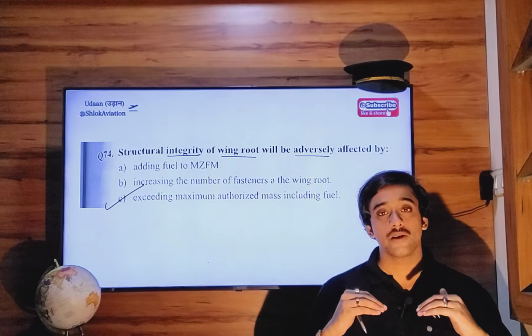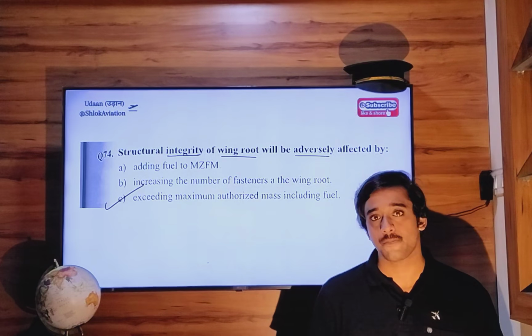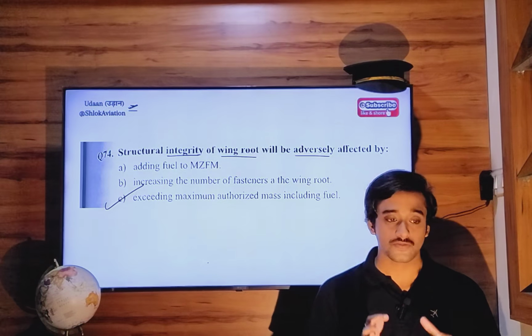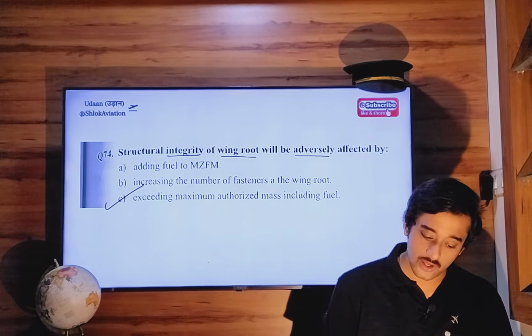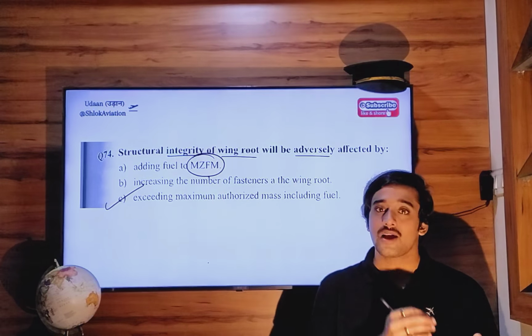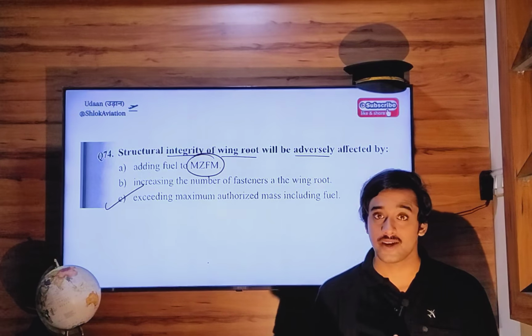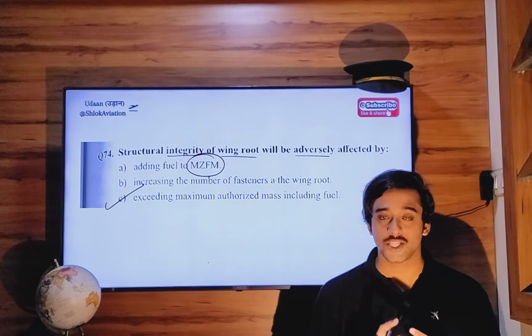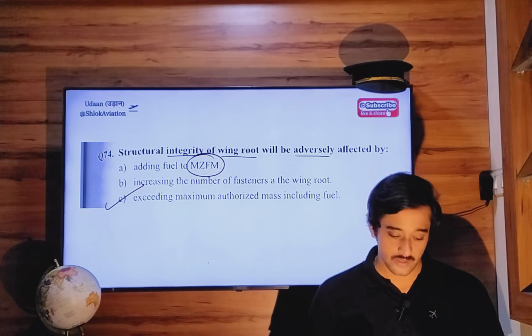Okay, but if you increase both of them together, it will definitely add very bad or excessive loads on the wings. So remember that. That's why we have the concept of maximum zero fuel mass. So without fuel, up to what limit can you fill this aircraft with payload or traffic load? That is passengers, passenger baggage, cargo, non-revenue generating cargo, etc.